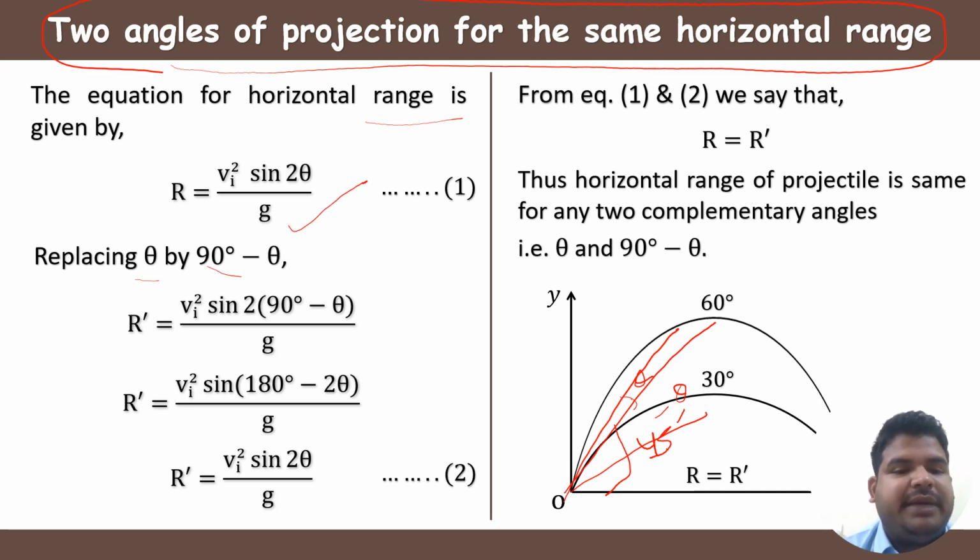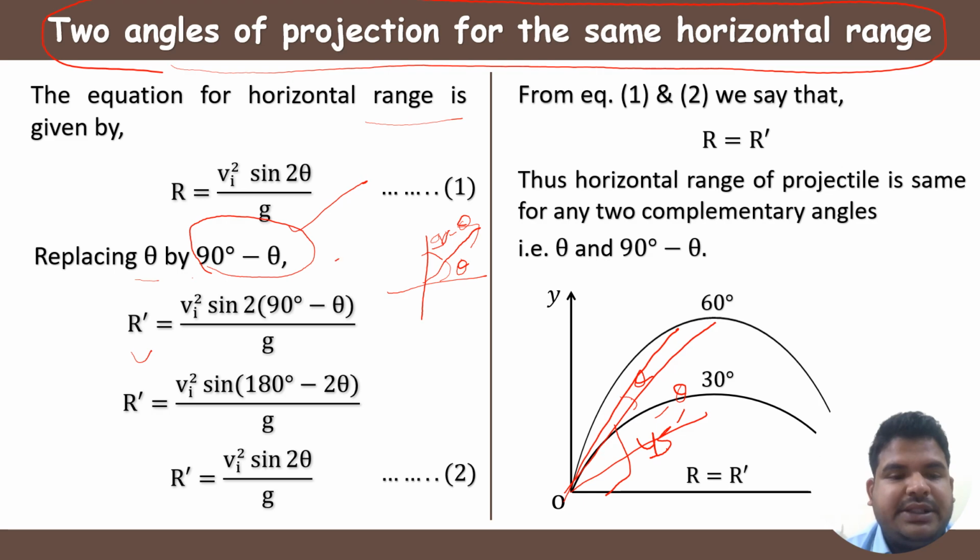Replacing theta by 90 minus theta, r dash is equal to the following. Theta is the angle of projection and this is 90 minus theta. The range equation is, as I have shown you, v square sin 2 theta upon g.